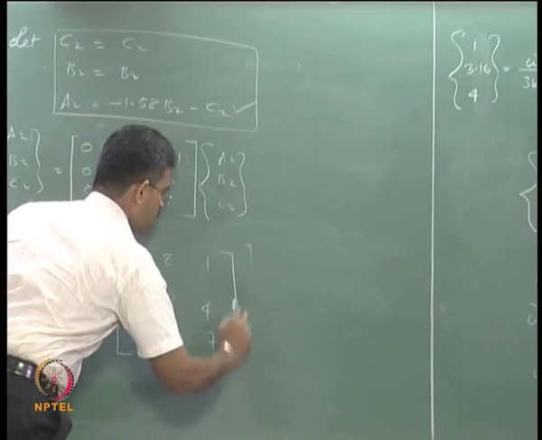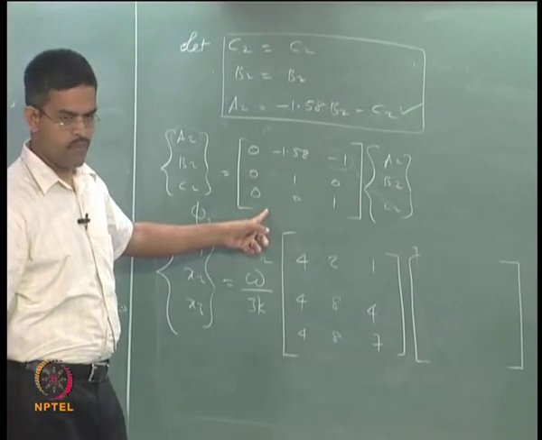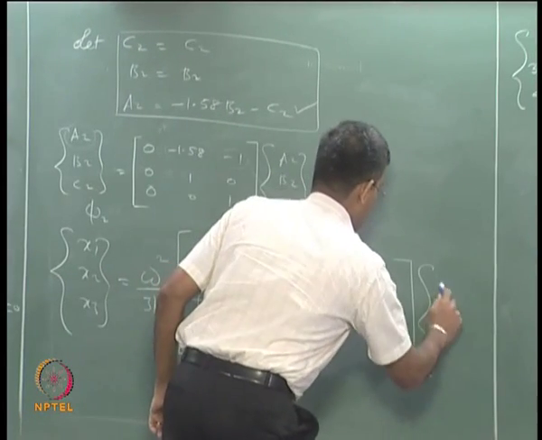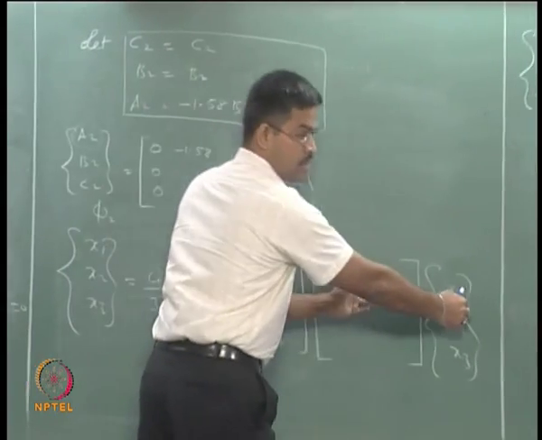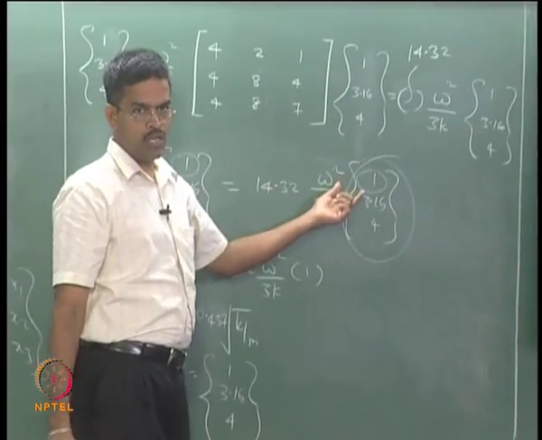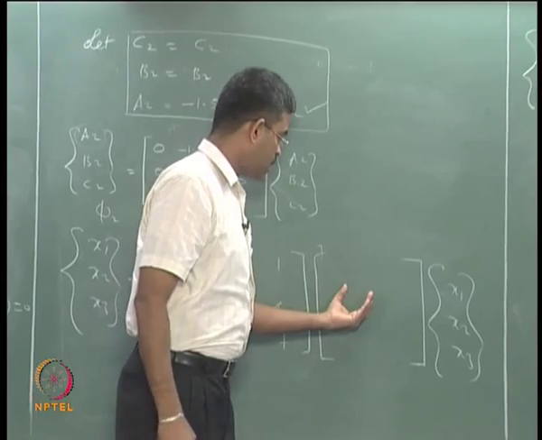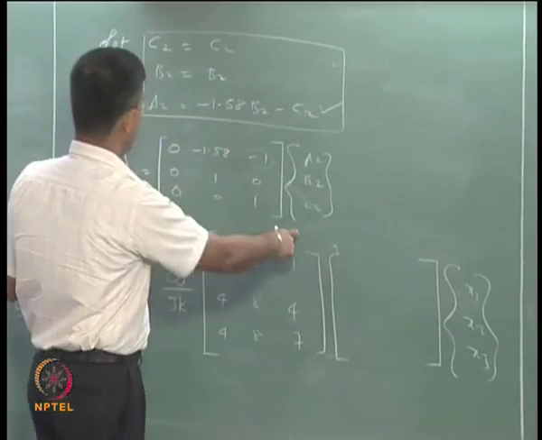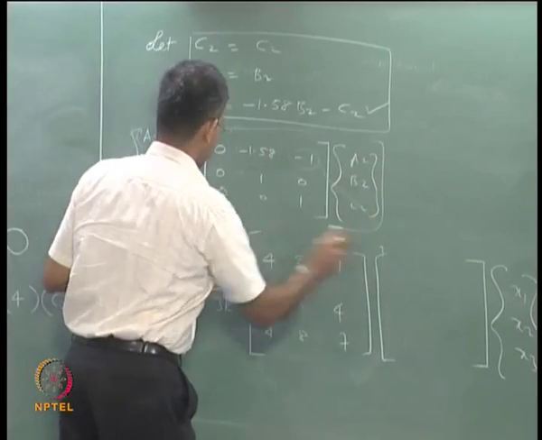I will multiply this matrix with this matrix and call this as x1 x2 x3, because the new x1 x2 x3, as we wrote here in the algorithm, is now modified as a multiplier of this matrix on x1 x2 x3, that is what I am getting here. So instead of this I am substituting this here.